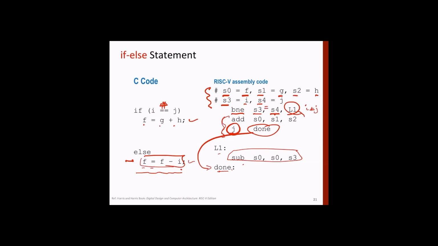Check how the logic will work. Let's look at the C code. In the C code, you see the else statement, this part, will not be executed if the condition is met. If I is equal to J, then execute this one. If this is not met, then you execute this one.